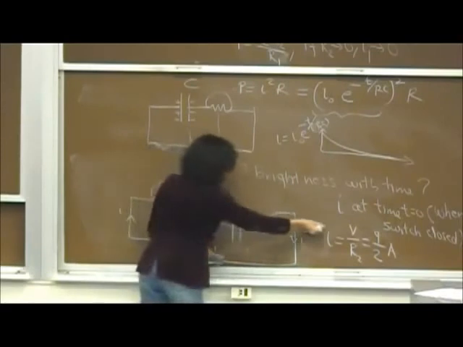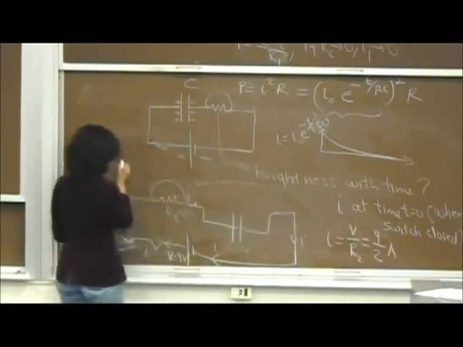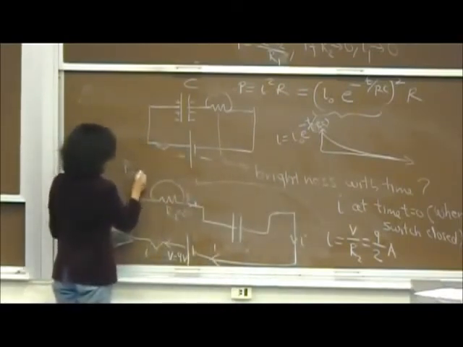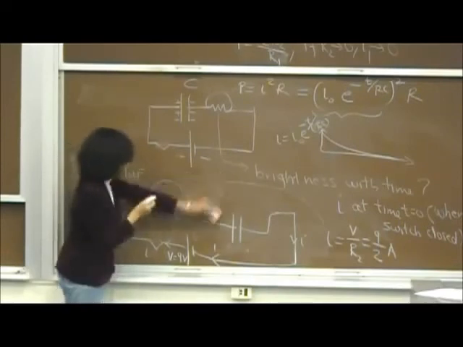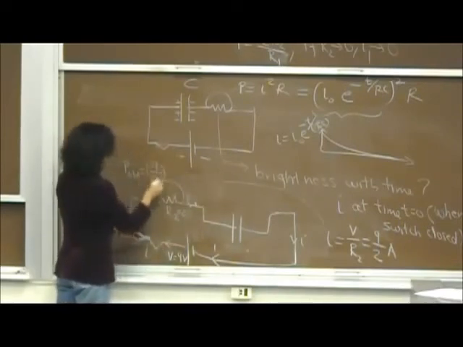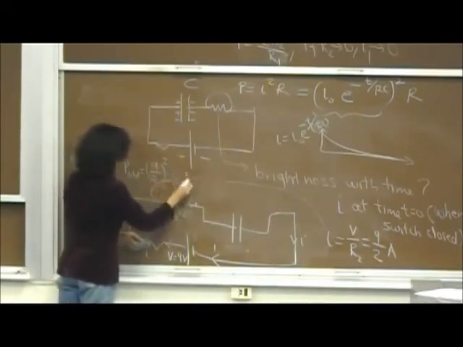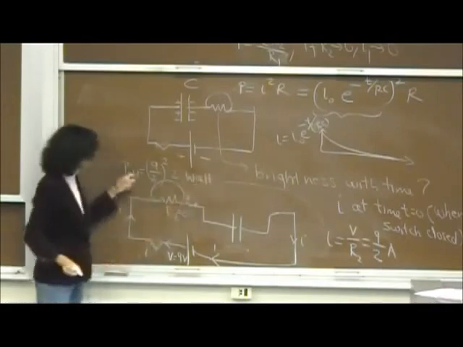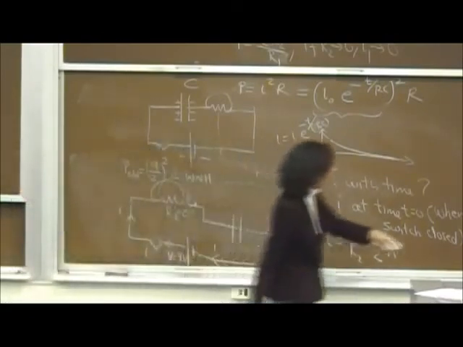In this case, the power dissipated, P old, was 9 over 2 square times 2 watts. Do you see that this P old is a lot more than this P new?